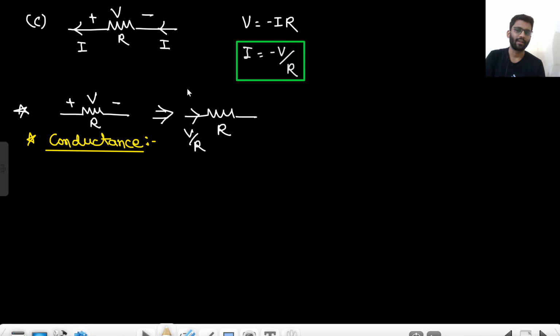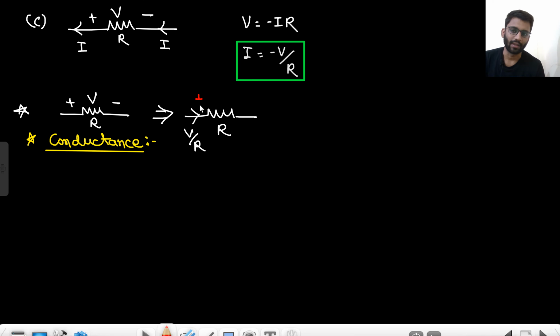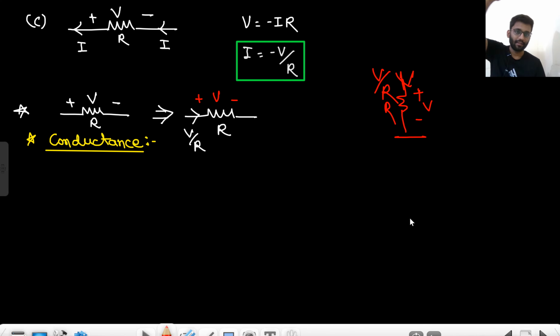V by R into R in this direction, that is V. Did you understand it? So if there is some circuit where you just see like this, you will just get a current V by R in this direction, from upward to downward. In a resistor, the current will always flow from high potential to low potential.